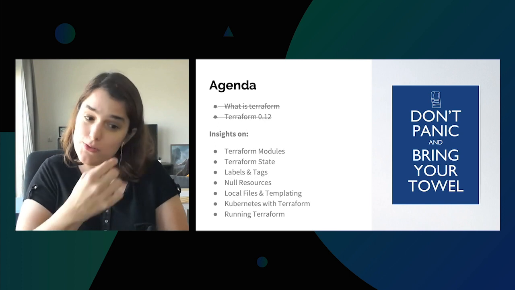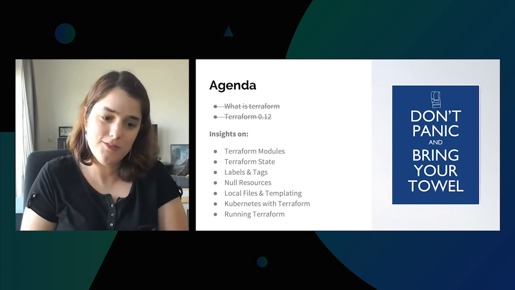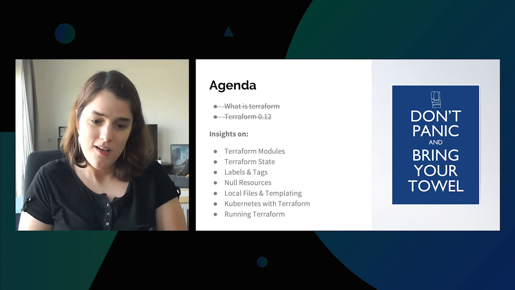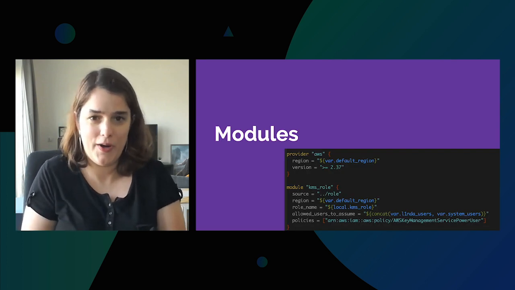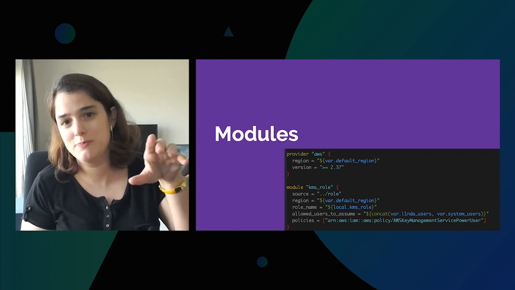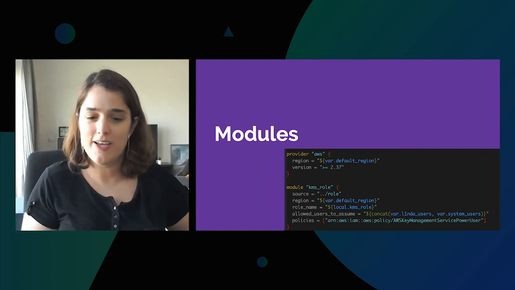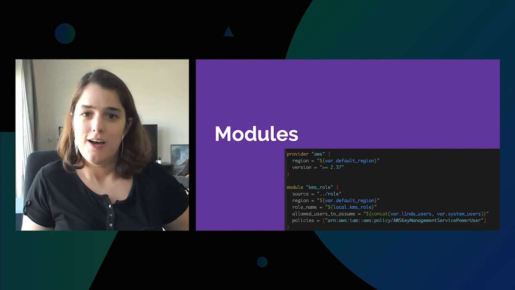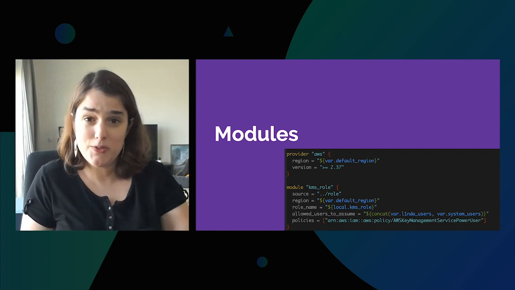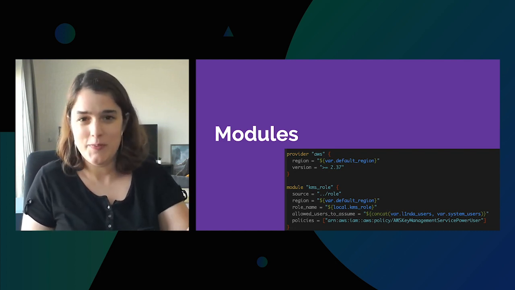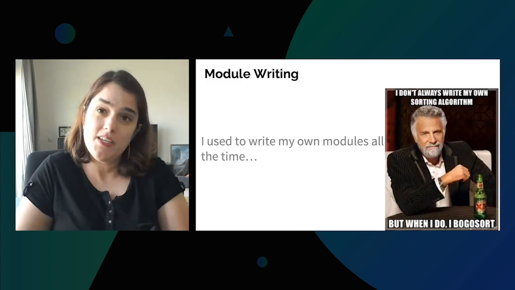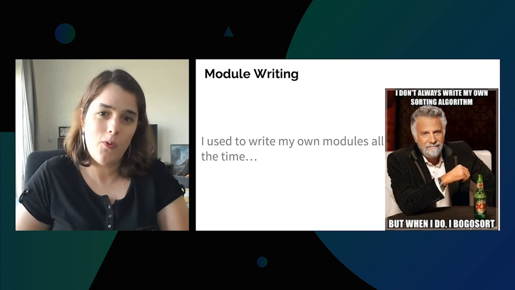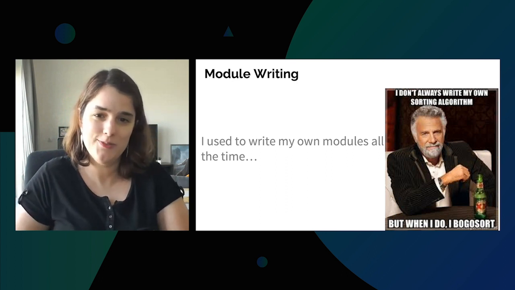Moving on to the real insights, starting with modules. Modules are a good thing to have when you are coding, right? Because you want to divide your code as best as you can and organize it as best as you can. And you should be using modules. If you're not, well, you should. In the beginning, I used to write my own modules for everything, right?